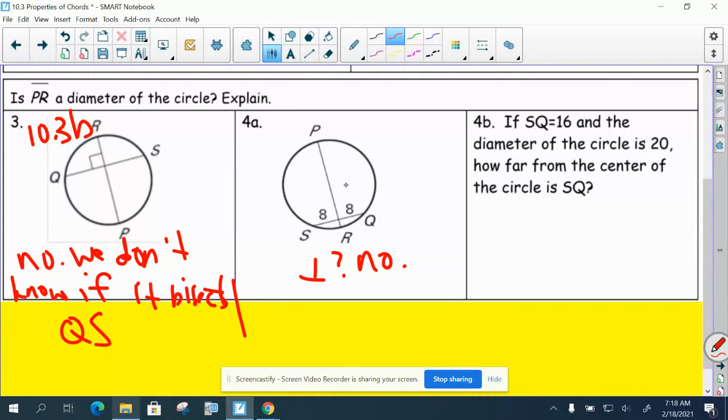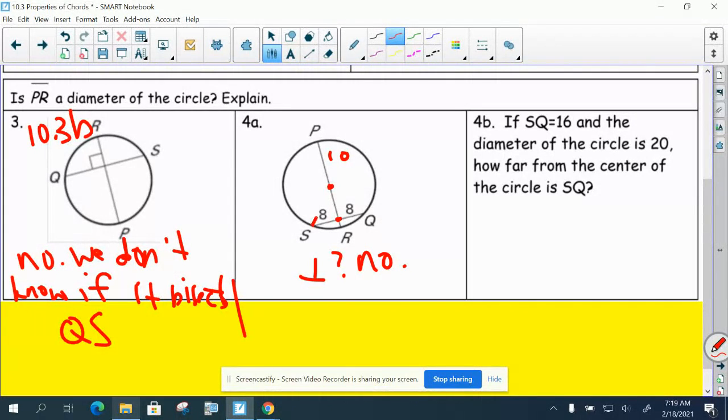I guess we're assuming that this is a diameter now. If the whole diameter is 20, then the radius must be 10. How far from the center of the circle is SQ? So we're saying how far is this part away from the center?